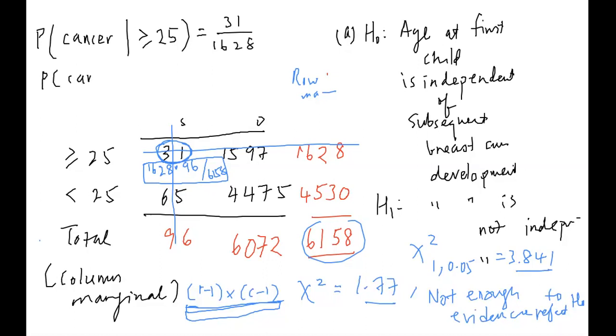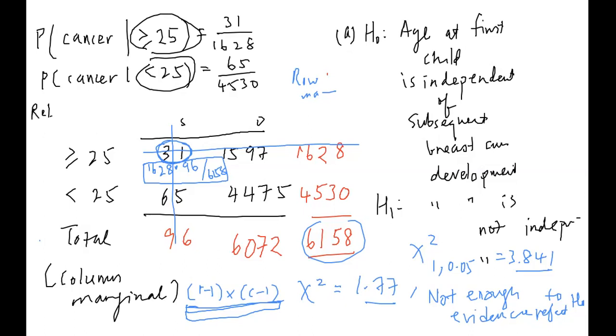And for the other group, right, is 65 out of 4530, okay? We focus on the group, yeah? And then your relative risk is basically just the ratio of these two values, right? Depending on which one you think is higher risk, right? So the relative risk will be, you can take this ratio, okay?